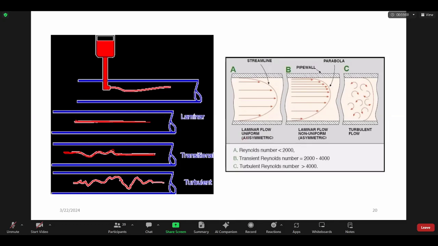This is a laminar flow, uniform one. This one is non-uniform. Can you see this area?